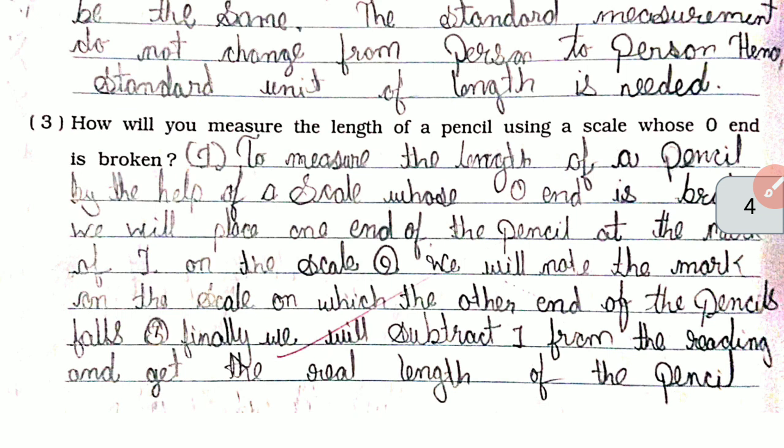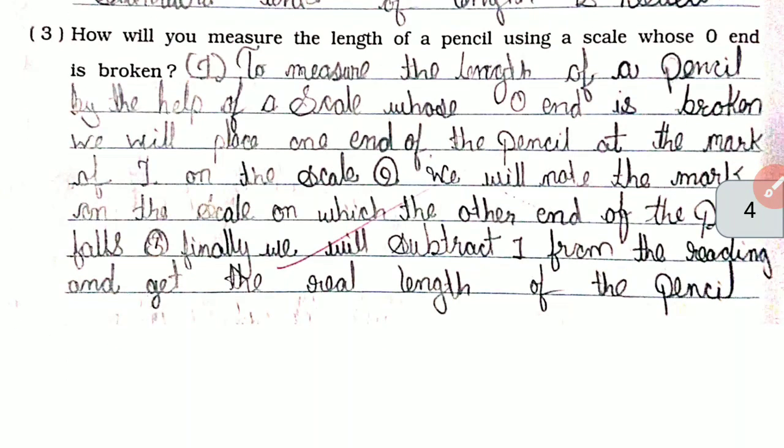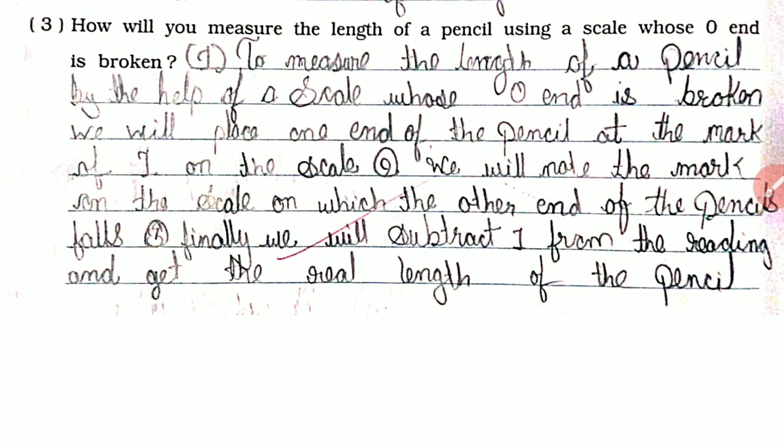Third number, how will you measure the length of a pencil using a scale whose zero end is broken? To measure the length of a pencil with the help of a scale whose zero end is broken, first, we will place one end of the pencil at the mark of 1 on the scale.